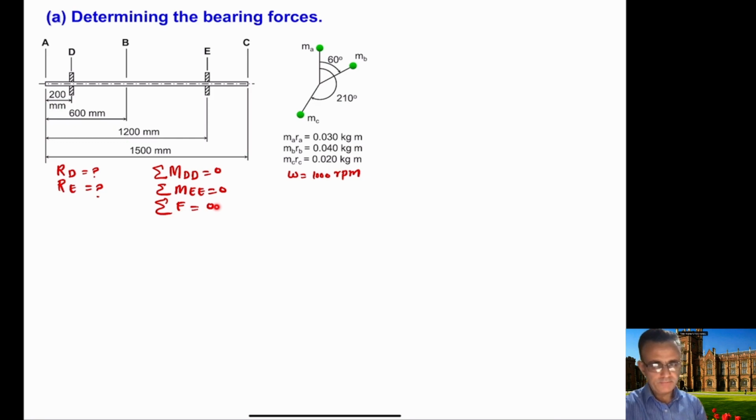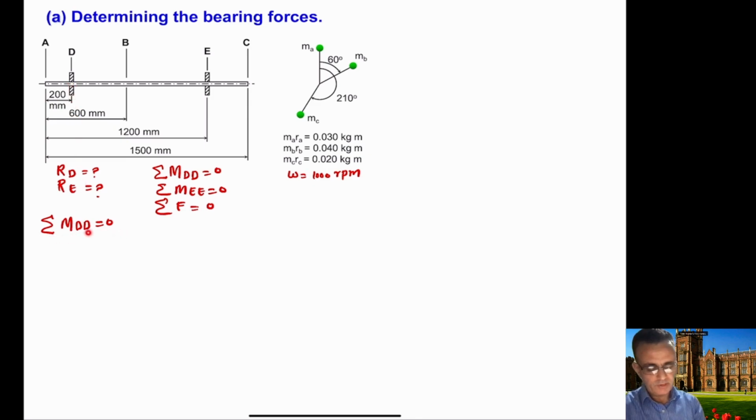So if we take the first equation here, summation of all the moments at D equals 0, we are doing this graphically. So we will be calculating the moments from this location D, the moments of all the forces, because we want to draw the moment diagram.